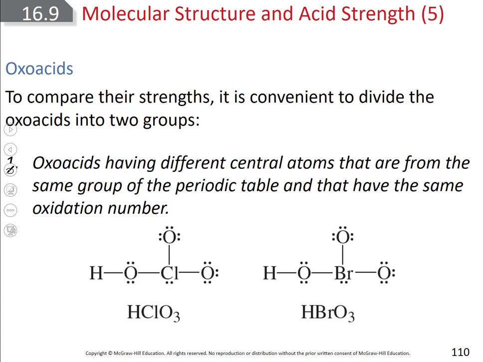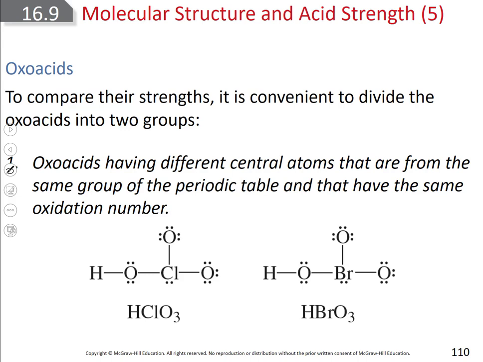For example, if we're going to compare bromic acid to chloric acid, bromine and chlorine are in the same family. So chlorine versus bromine, which one is going to be more electronegative? Chlorine is going to be more electronegative.